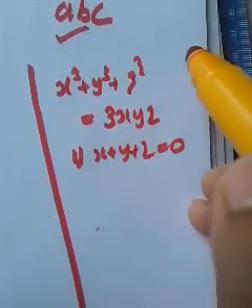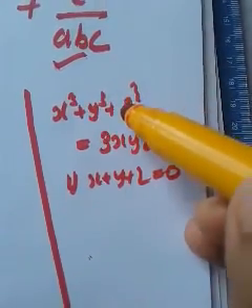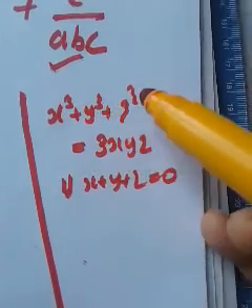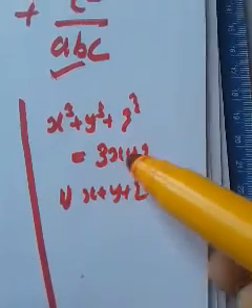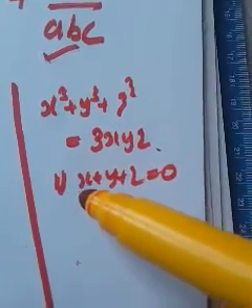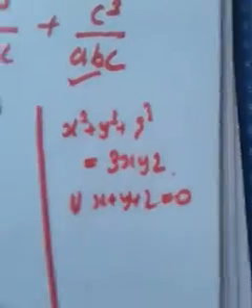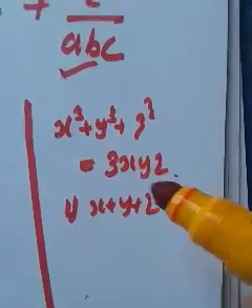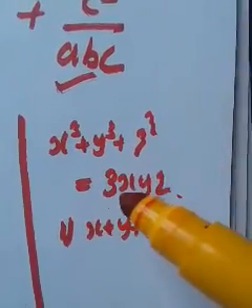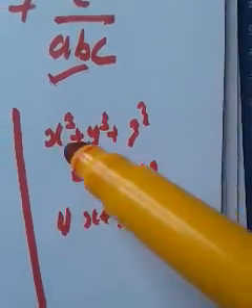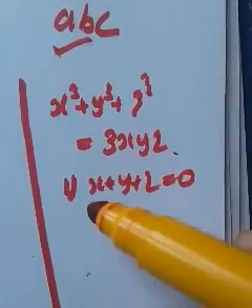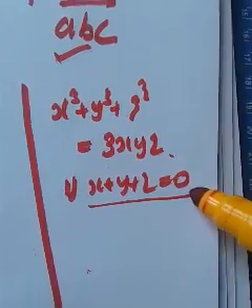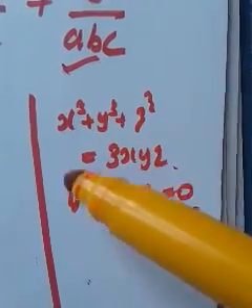Only if x plus y plus z is equal to 0 can we write x cube plus y cube plus z cube as 3xyz; normally we cannot. It was an identity we learned in the last exercise.